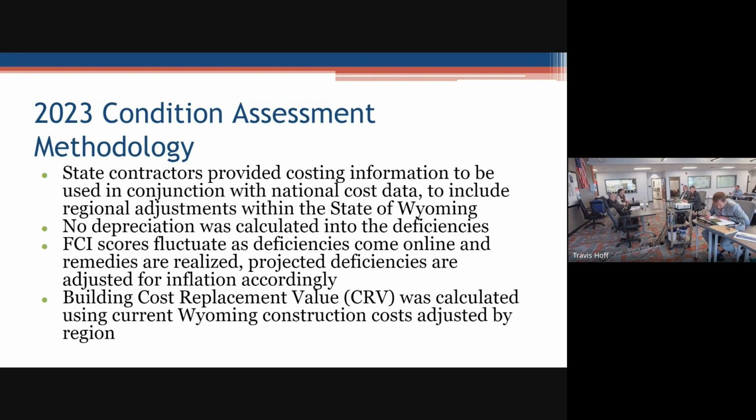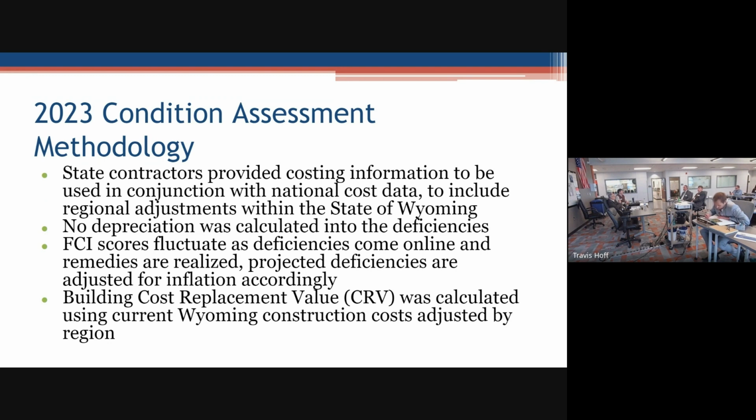I would have to get the information to show exactly where the geographical lines might have been for the regions, but I can tell you, over on the western side of the state, for instance, in the Jackson Hole area, we've experienced much higher costs per square foot for construction.